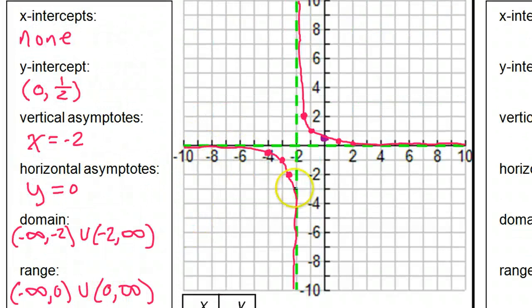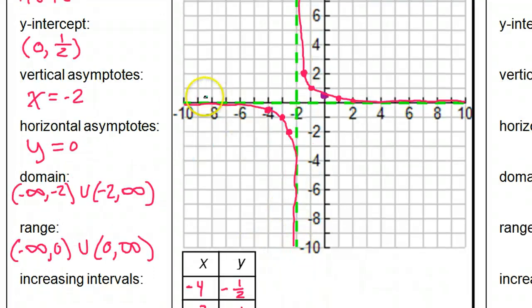Now, increasing and decreasing intervals. Remember, we have to read this from left to right. So as I trace this branch from left to right, see what's happening? It's going down. So this is a decreasing interval. So from negative infinity to negative 2. Remember, I'm looking at the x value. So you might have been thinking negative infinity to negative infinity, maybe. A lot of kids, when they see it going down, they want to say negative infinity.